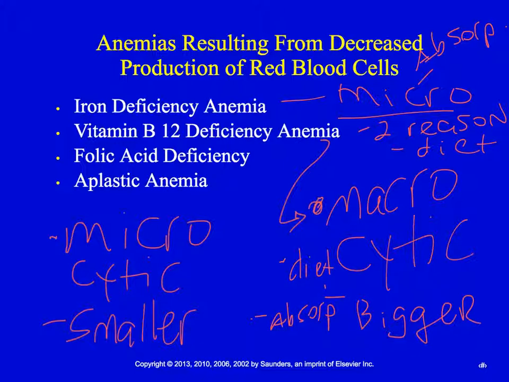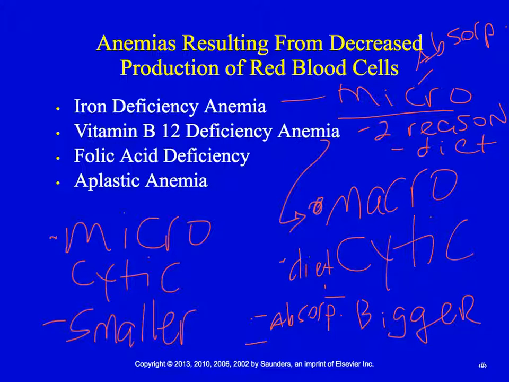They have found that there is something called the intrinsic factor that we have in our belly, and that is what we require to absorb B12. If we are somebody who is missing our intrinsic factor, then it is called a pernicious anemia. So there's another term for you.